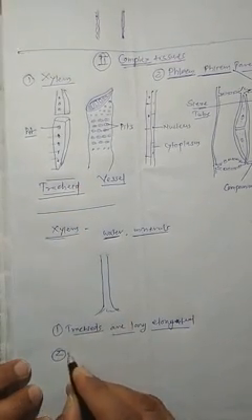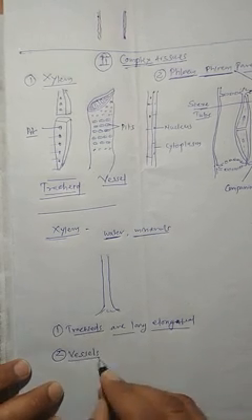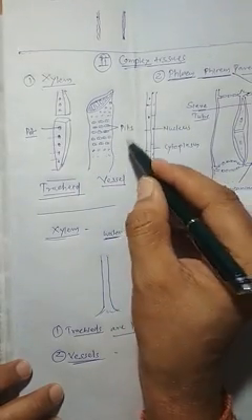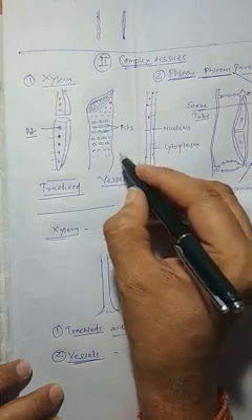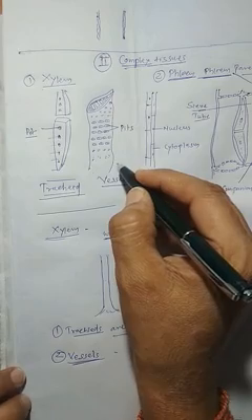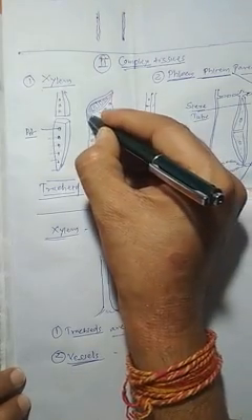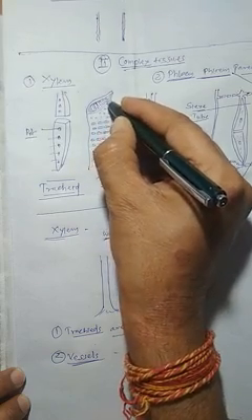Second, vessels. These are vessels. Vessels are pipe-like, made up of dead cells. Cells are also lignified. This is the transverse section.